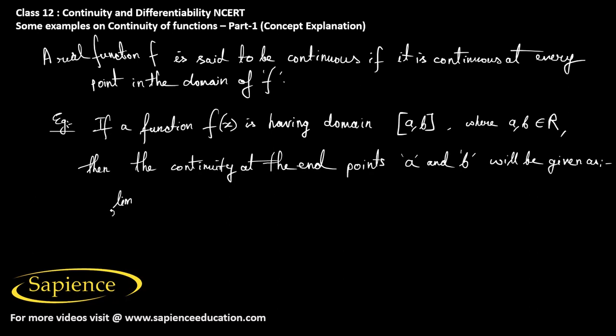limit x tends to a plus of f of x should be equal to f of a, and limit x tends to b minus of f of x should be equal to f of b.